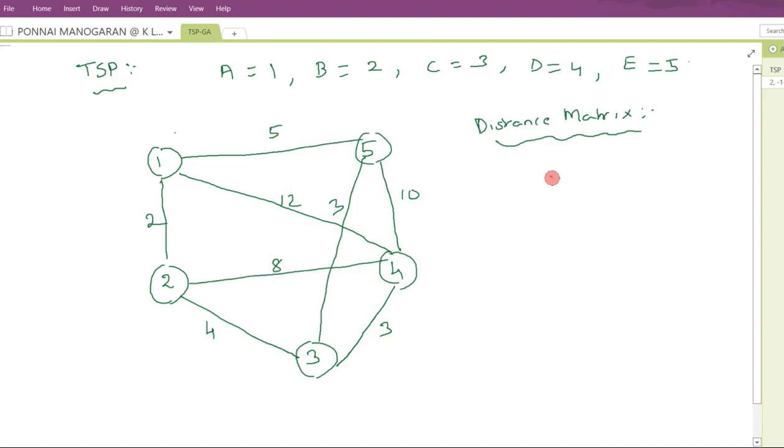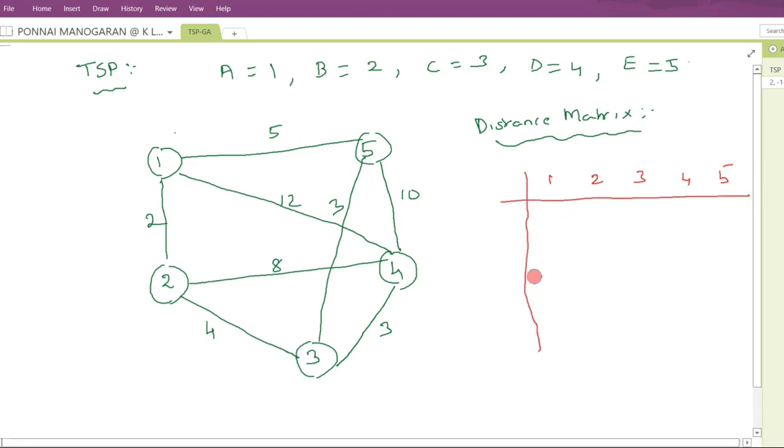Distance matrix 1, 2, 3, 4, 5, and 1, 2, 3, 4, 5. You can see there are no self loops. So the distance between 1 and 2 is 2, and 1 and 3, as of now we'll calculate the direct distance. So let us see the direct distance.